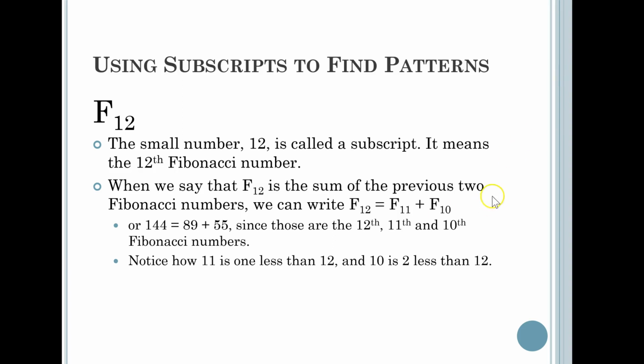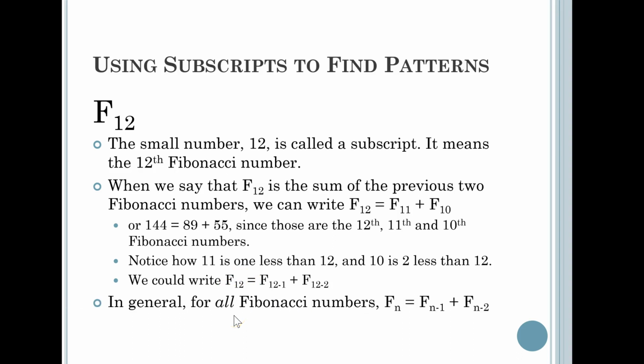Notice that 11 is 1 less than 12, and 10 is 2 less than 12. You're going to use that pattern to get the general formula. So we could write F12, with 12 minus 1, that's 11, right? F12, F11, and F10. We're going to imitate that with the letter N. If we put an N here, we're going to do the same thing to N that we just did to the 12.